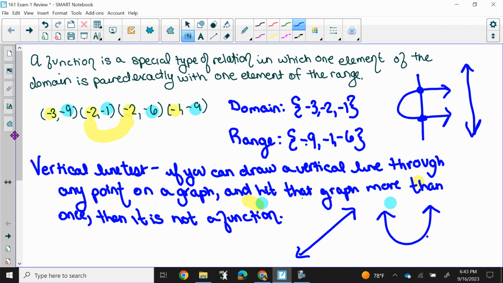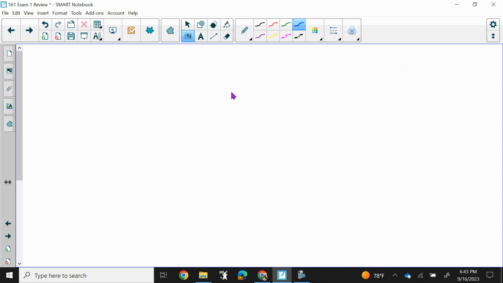Okay, so that's basically it for functions, as far as determining whether something is a relation, a function, or a graph is a function. The next thing they're going to talk about is whether a function is even or odd.